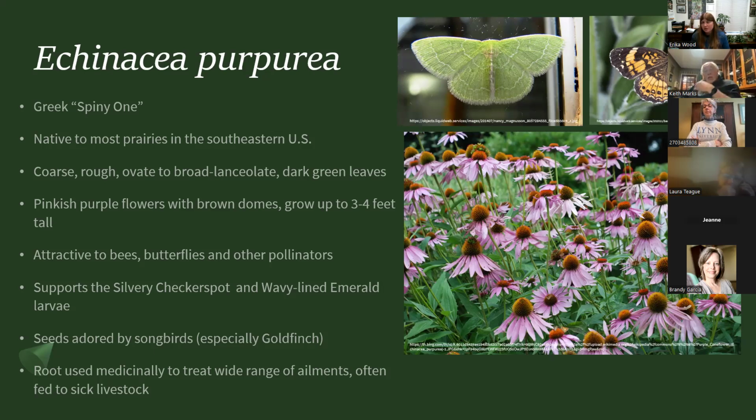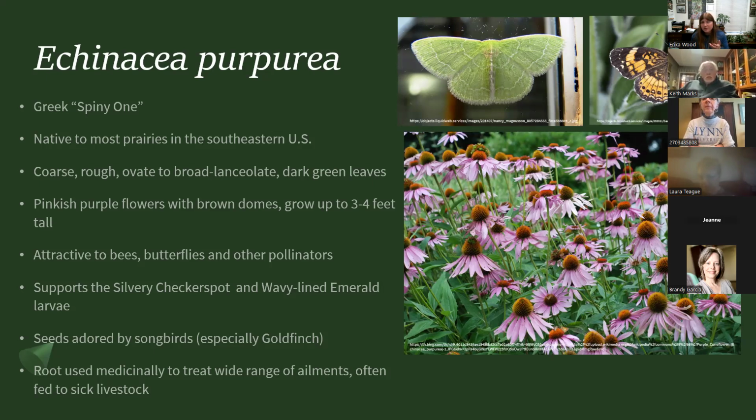But it is a great nectar source for our butterflies and bees, especially loved by bees. Bees tend to really gravitate towards our daisy type flowers more so than others. Now, this is also beneficial for some of our caterpillar species.